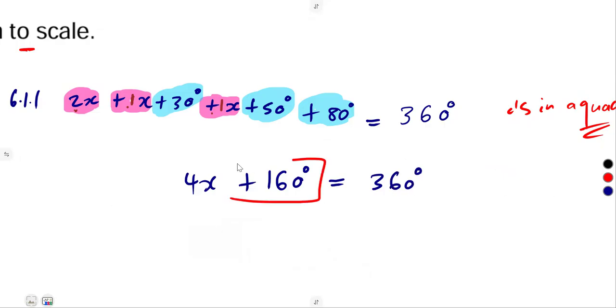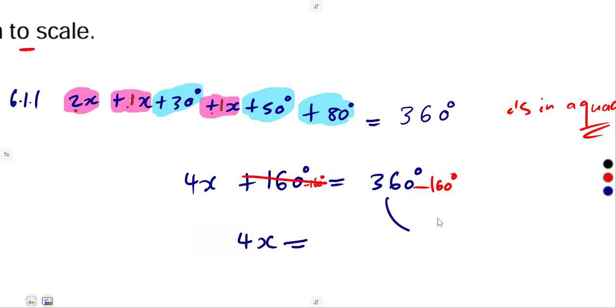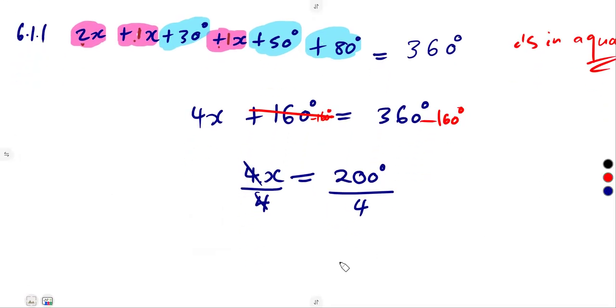Get rid of the 160. It's an addition, so take it to the other side as a negative, or just subtract from both sides of your equation. So 4x is equivalent to 360 minus 160, which is 200 degrees. To have x, divide. 200 divided by 4 is 50.